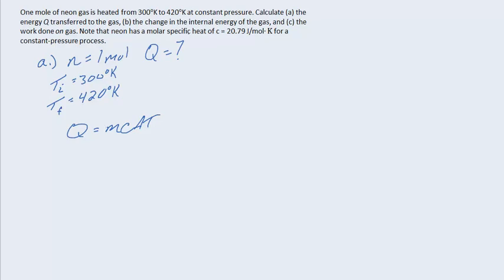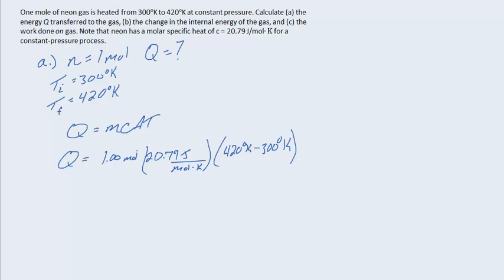But since our molar specific heat is given in joules per mole Kelvin, we can use our moles for our mass, since our moles will cancel out. So we have 1 mole multiplied by a molar specific heat of 20.79 joules per mole Kelvin, multiplied by a change in temperature of 420 Kelvin minus 300 Kelvin.